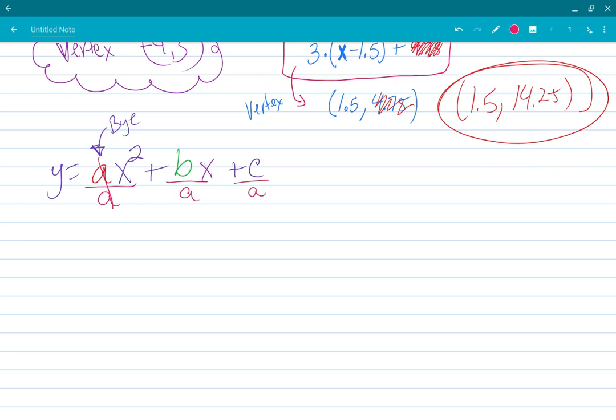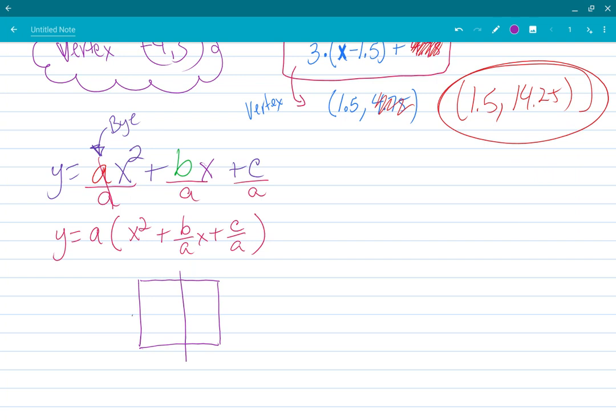So now you have y equals a times x squared plus b over a x plus c over a. All right, now we got twins time. And I'm only going to do half of this because it's going to blow your brain a little bit.